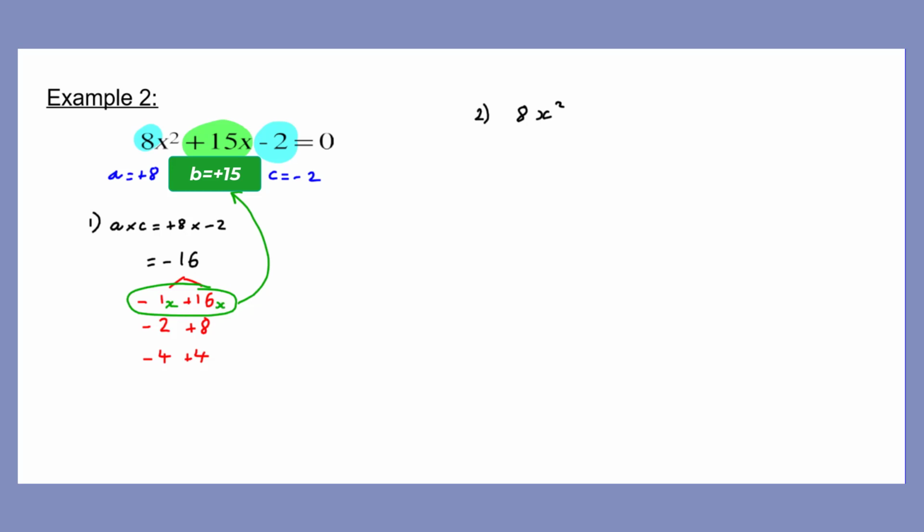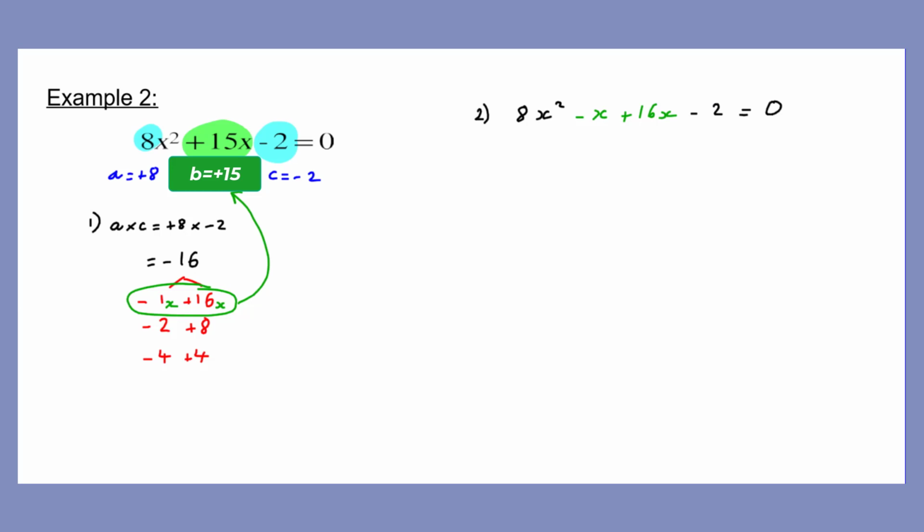So that plus 15x can be written as minus x plus 16x, and then the last term remains the same, minus 2, equals 0. Excellent.